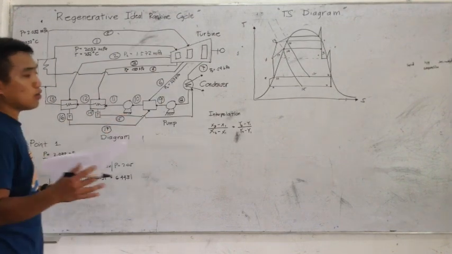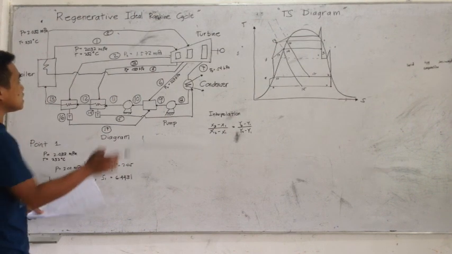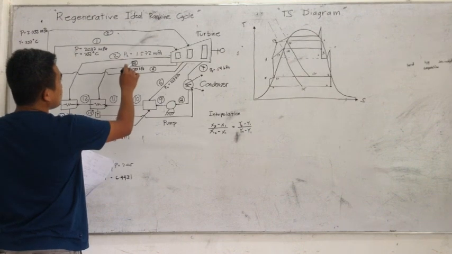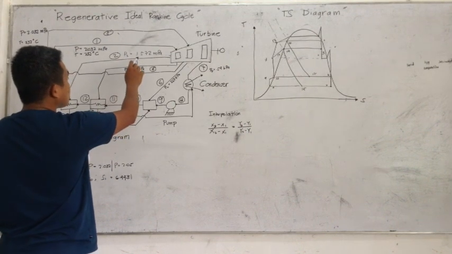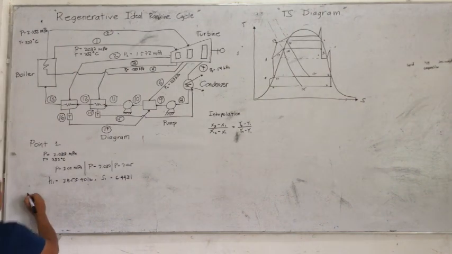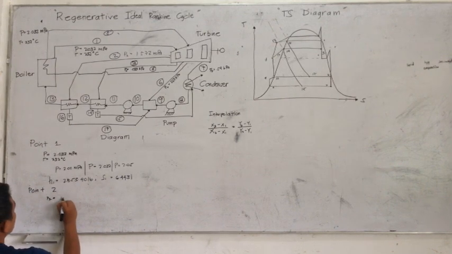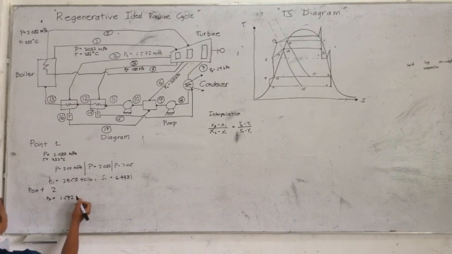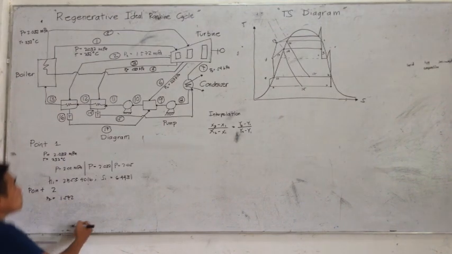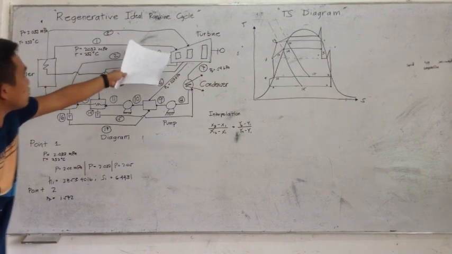It is a flow, so it has a pressure. At point 2, the given pressure, P2, is 1.572 MPa. As you can see in the diagram, it came from the boiler and exits from the turbine.